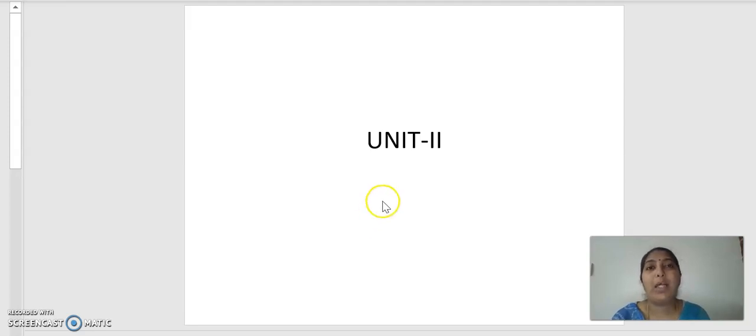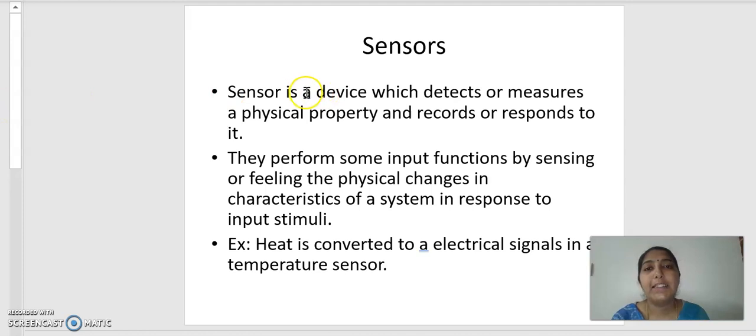So before going to the interfacing, first we'll see what is a sensor and what are the properties of the sensor and what are the various sensors available in our market. First, sensor.